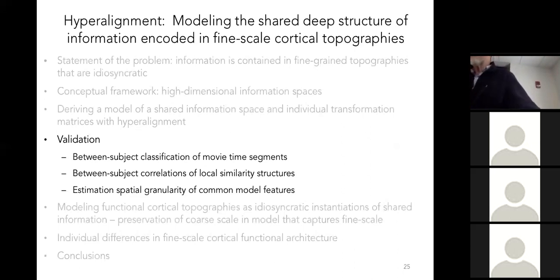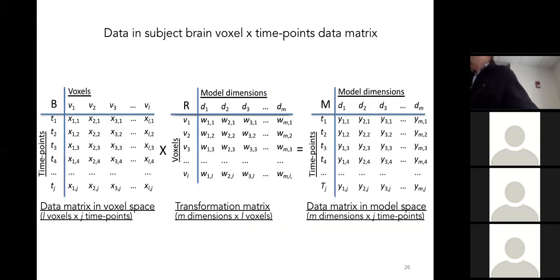So does this work? First I just want to show you the math in a different layout. So the matrix B is the brain data of cortical patterns for either time points or connectivity targets across voxels. So each column is a voxel or cortical vertex, and each row is a pattern across those voxels.